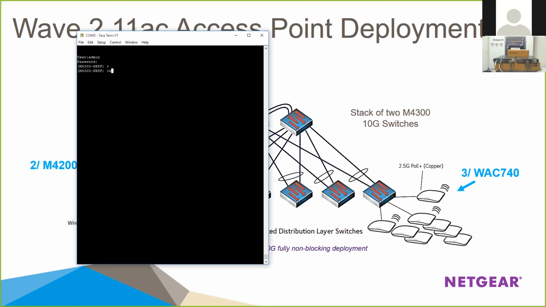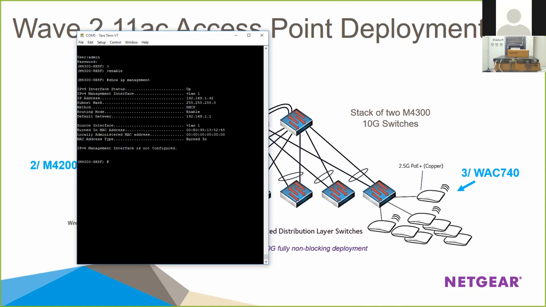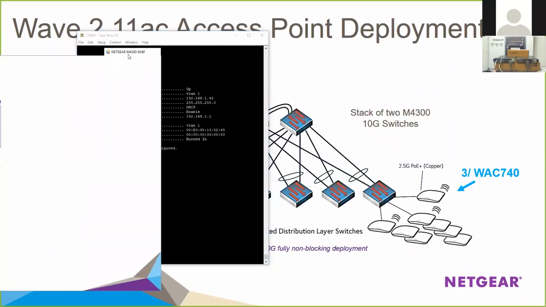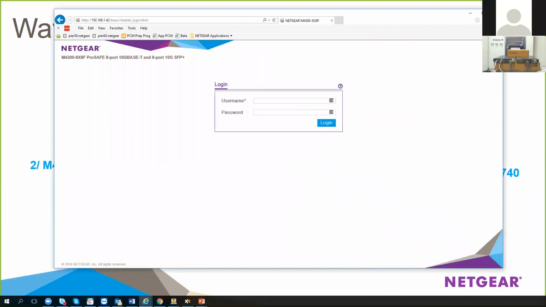Pushing enter, pushing enable to go into the global admin mode, I can simply enter show ip management with tab. And then we know now that the IP address for the management VLAN on that switch is 192.168.142.